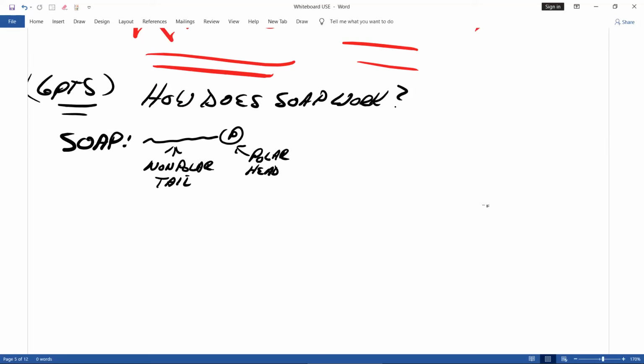Whether it's bar soap, the liquid soap in your bathroom, the dishwashing soap you use for your dishes, or your laundry soap, they all have this, not the same exact molecule, but it's all nonpolar tail, polar head.